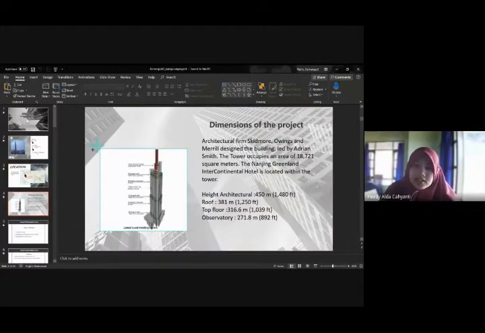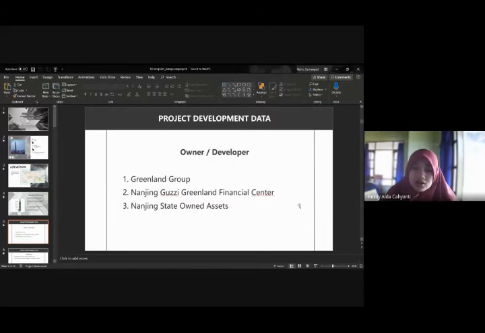Okay, the mission of the project is the Nanjing Garden Intercontinental Hotel and the tower. Owner or developer: 1. Greenland Group. 2. Nanjing Greenland Financial Center. 3.